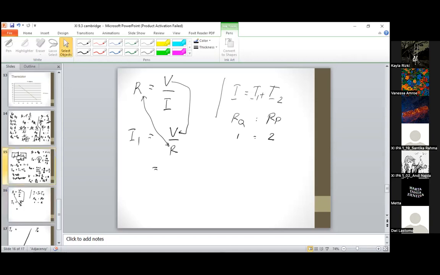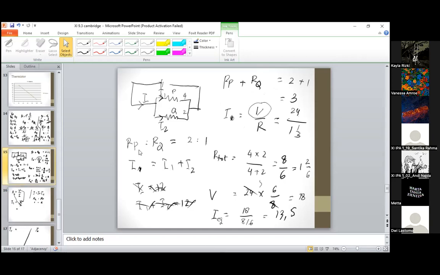Based on this consideration, based on Kirchhoff law and Ohm law, like this, do you agree with your friend that I1 will be bigger than I2? I think I2 is bigger than I1.